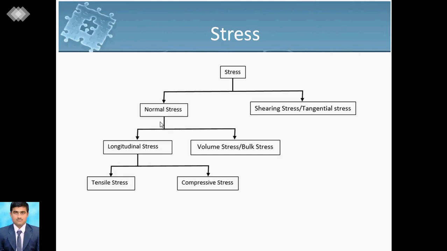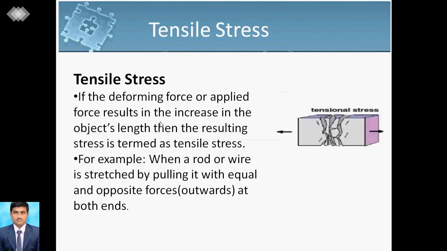So we observe clearly the tensile stress. Here the rod is there and we apply forces on the cross-sectional areas. So a change in the length takes place, right? That is the tensile stress.